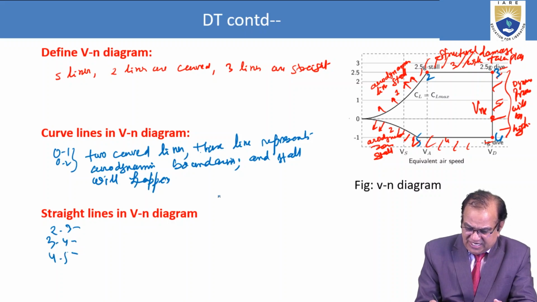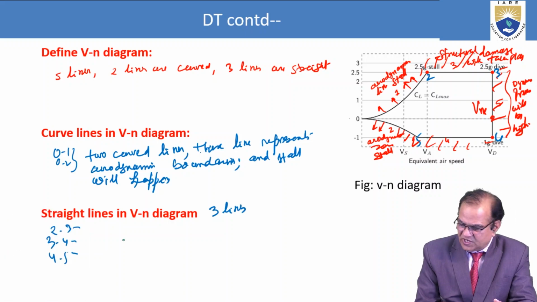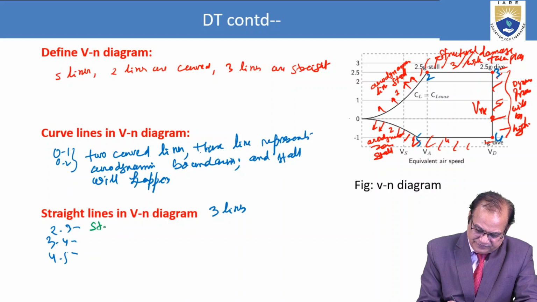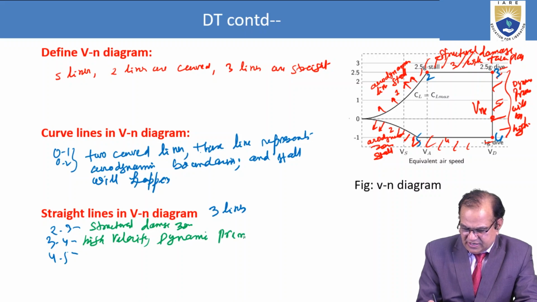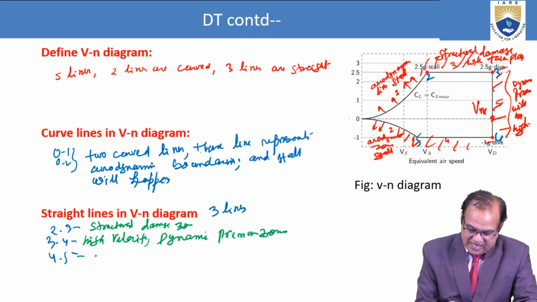We have 3 lines. 2 to 3 is the structural damage zone. 3 to 4 is the high velocity, high dynamic pressure zone, and 4 to 5 is again structural damage.